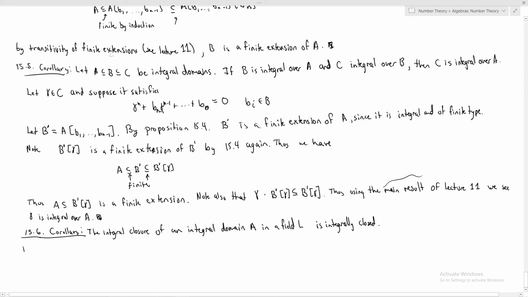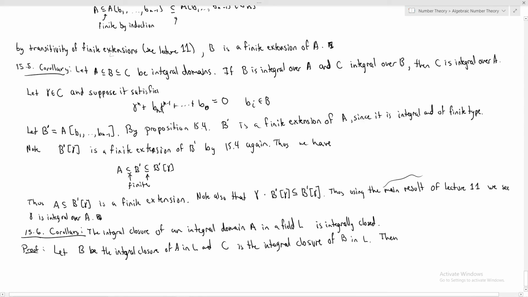Okay, so proof. Let B be the integral closure of A in L, and let's say C is the integral closure of B in L. What can I say?